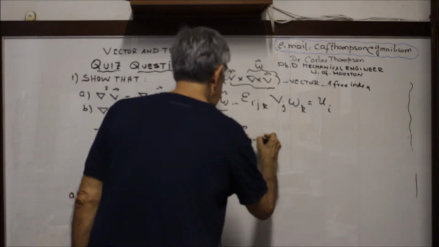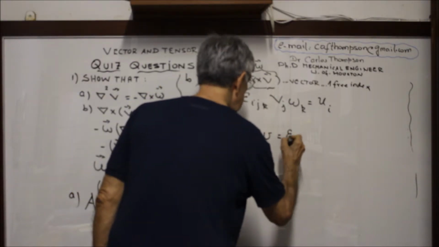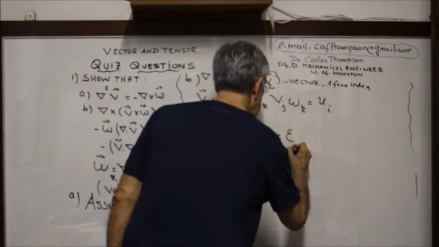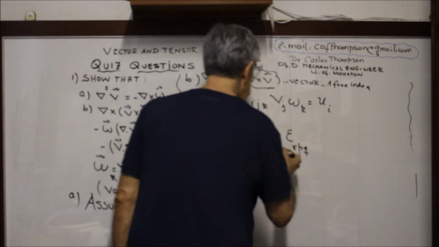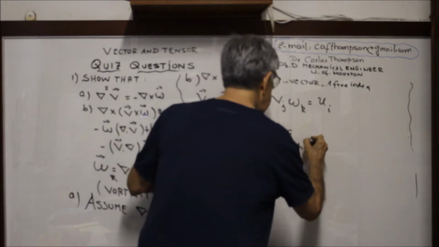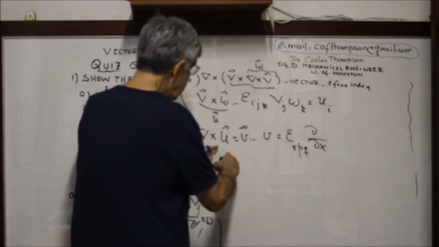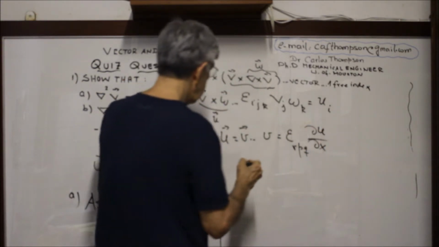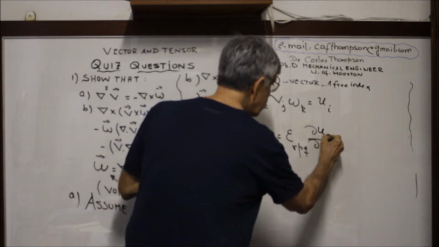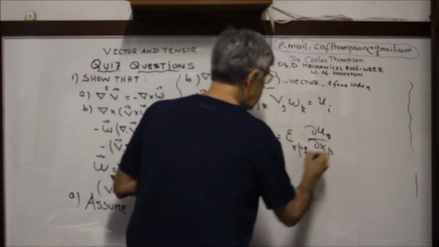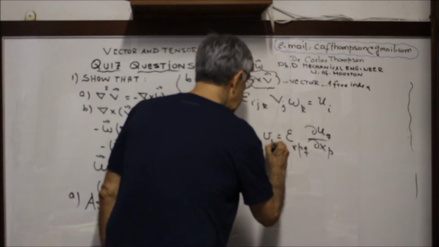Now, v is equal to epsilon, let's put R, PQ or PQR, doesn't matter. Now, here is the derivative. This is U over here, the rotation of U. Don't forget, Q comes here, and P comes there. The free index here is R.